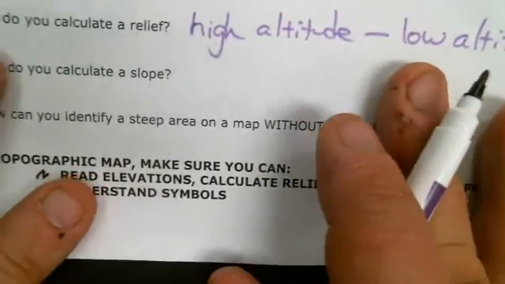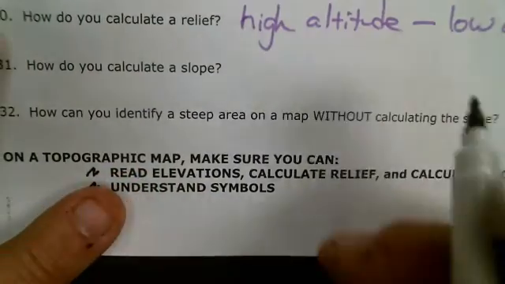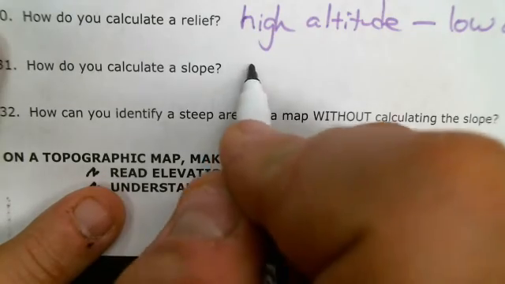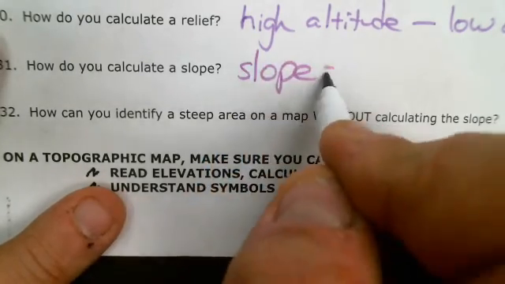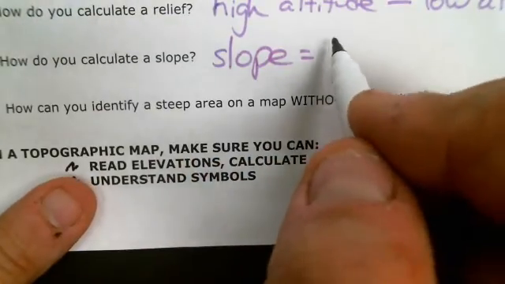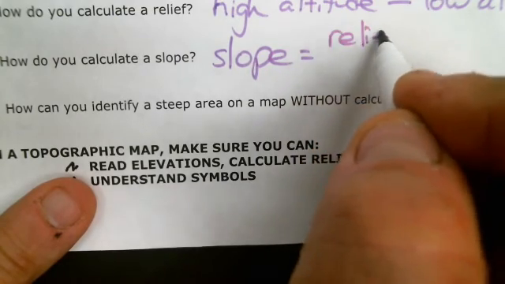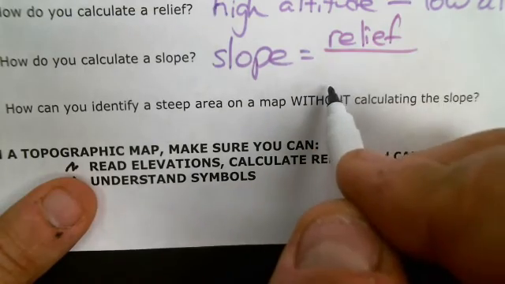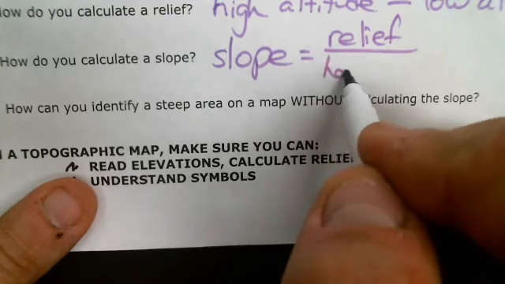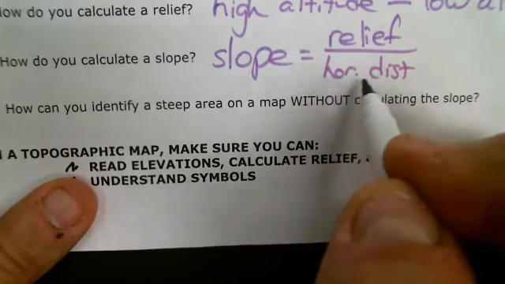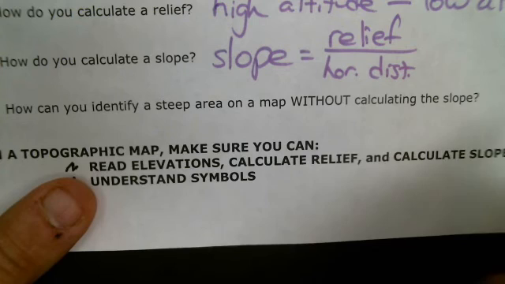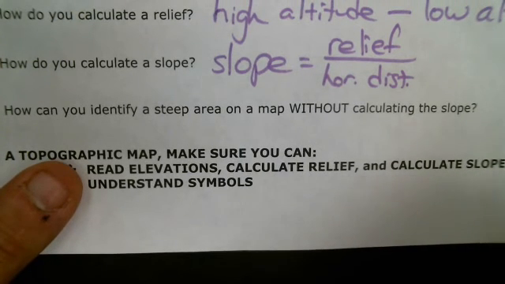Slope is a little bit more complicated. We have the relief on top, that's the difference in altitude, and then the horizontal distance on the bottom. You tell the horizontal distance from the scale on the map.